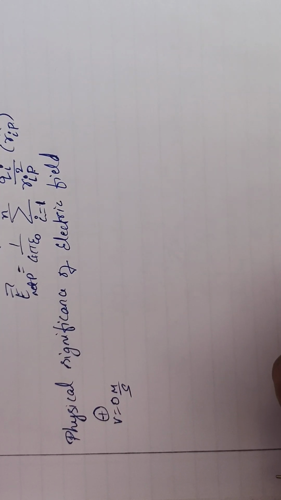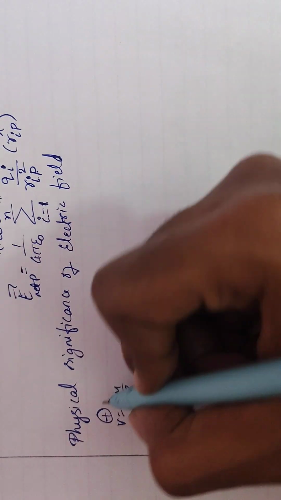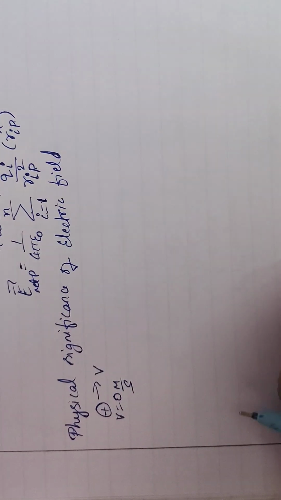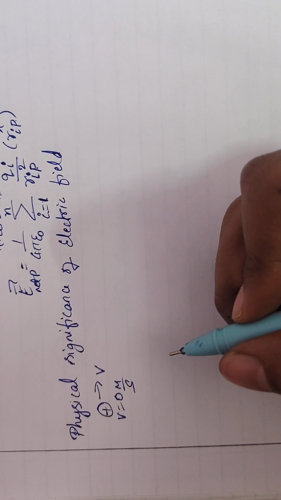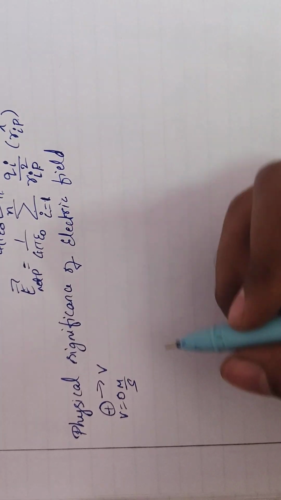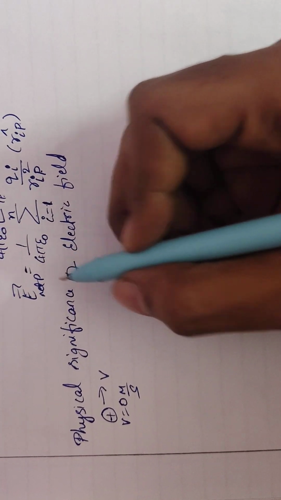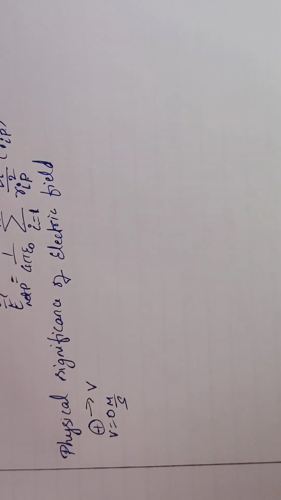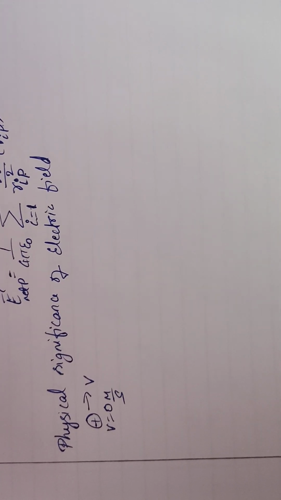This particular concept of electric field is highly important and most useful when this charge starts to move with the velocity v. Okay, then to experience the force between multiple charges or things like that, higher order physics concepts, this electric field is necessary. Okay, so in one statement I can say that electric field is convenient.